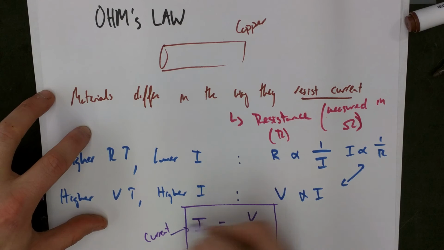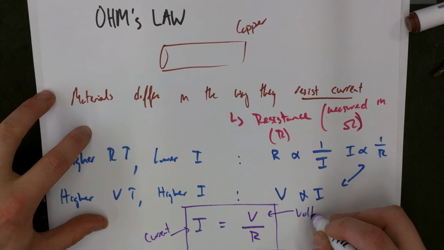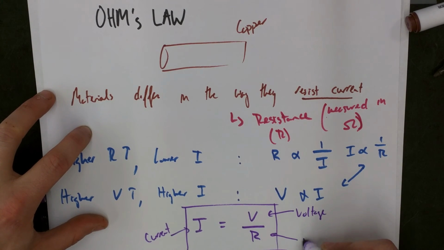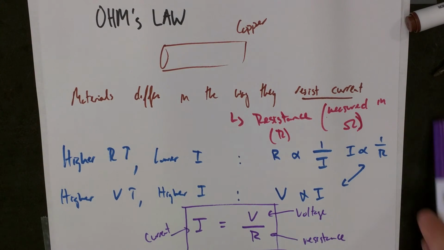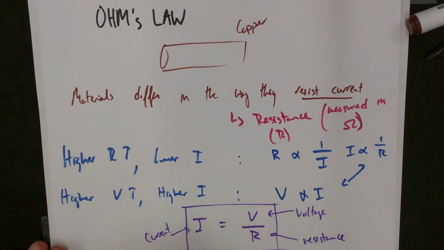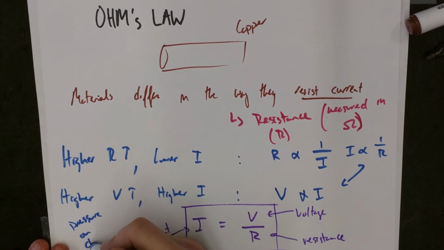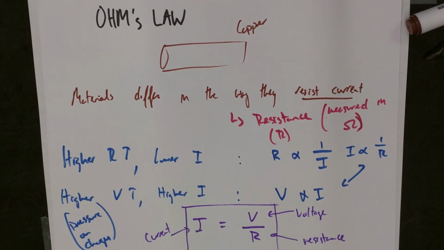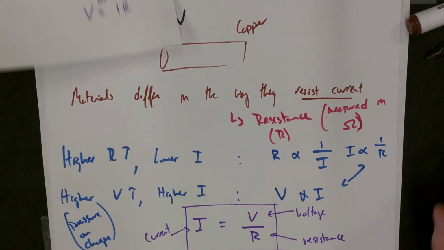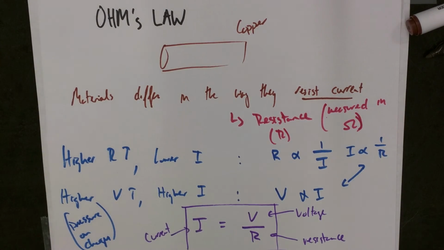Current, voltage, and this is resistance. Where the voltage is the pressure on charges. Okay, that's Ohm's law. We will explore in future videos how to apply this. See you then.